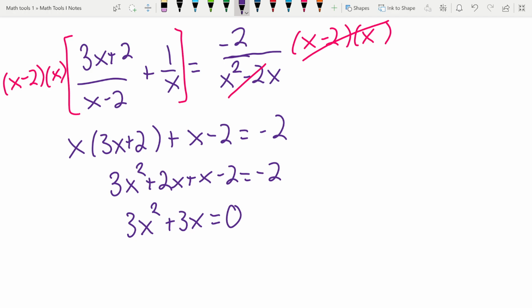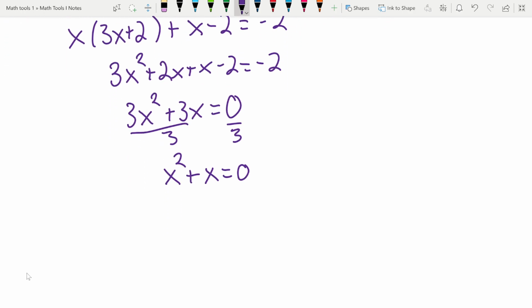So here we can actually go ahead and divide both sides by 3 since that's a common factor, just to make it a little easier. Okay, it's kind of an optional step there. And now we factor an x out, and we get x times x plus 1 equals 0. So we get x equals 0 or x equals -1 because of x plus 1 equaling 0.